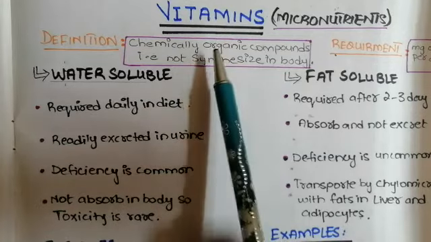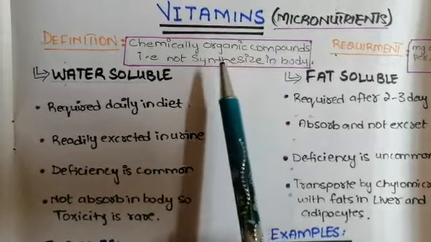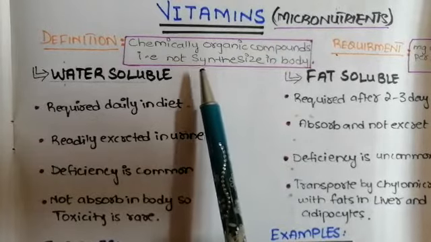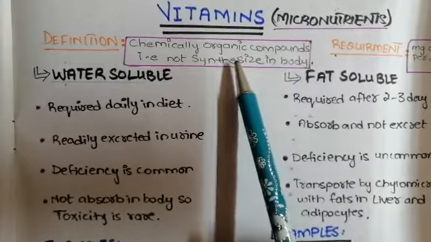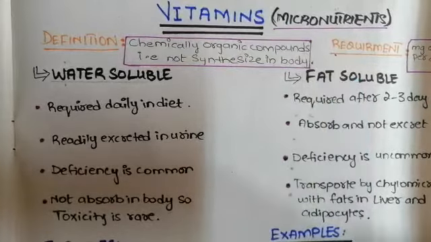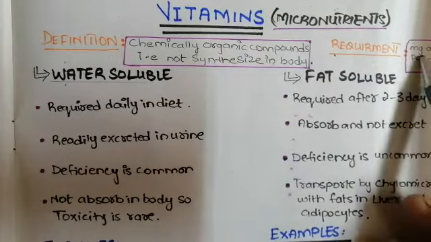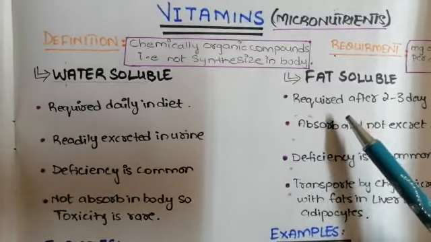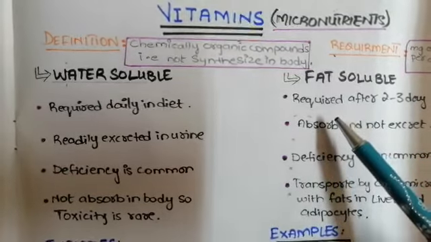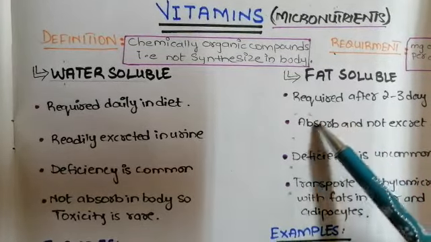So first, the vitamins. The vitamins, by their name, suggest that they are vital in our body and they are very important micronutrients, which means that they are required in smaller quantity, usually about milligram to microgram per day. So these vitamins are a very important part of our vital functions of the body.